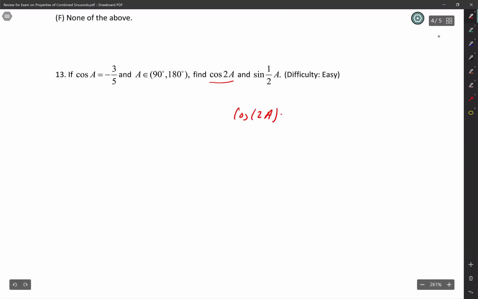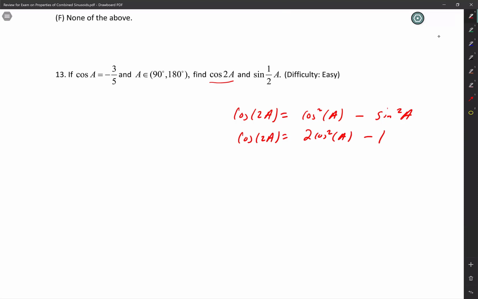Let me write all your general formulas. We can do cosine squared of A minus sine squared of A. That's one way. The other way is 2 cosine squared A minus 1. I think that's correct. Let me know if I'm wrong, guys.